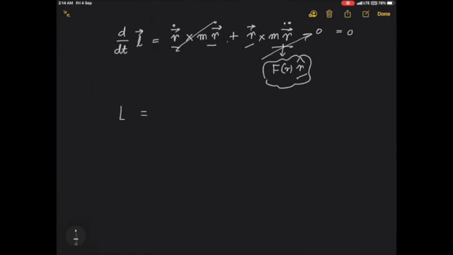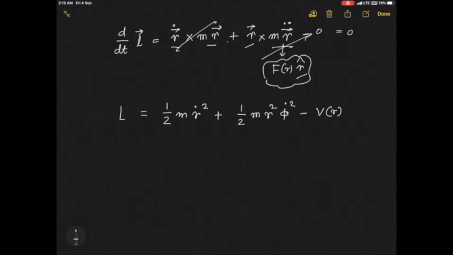So my L now becomes half m r dot square plus half m r square phi dot square minus V of r. What do you see?